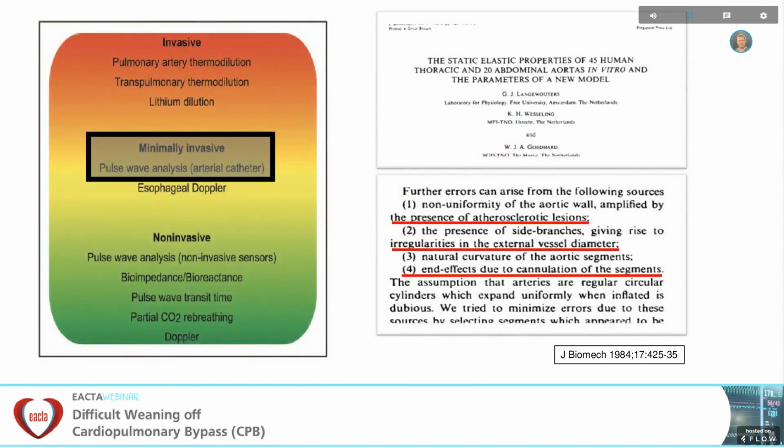The minimally invasive catheters have the problem that, even as first described, in terms of analysis of the arterial wave to obtain the cardiac output value, it's limited by the presence of atherosclerotic lesions and irregularities, and we have some limitations because of the cannulations.